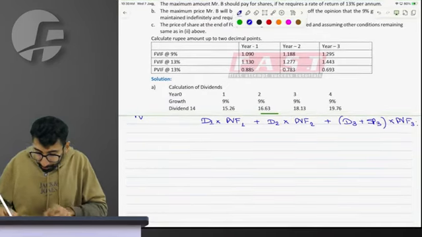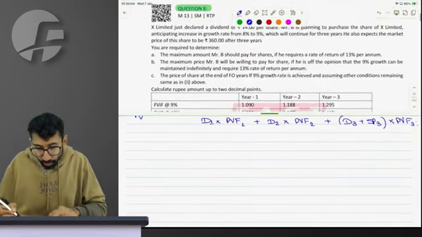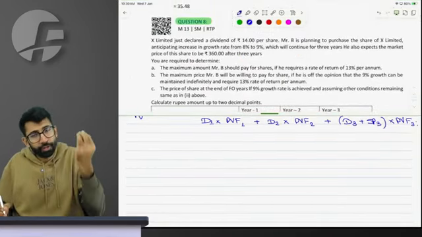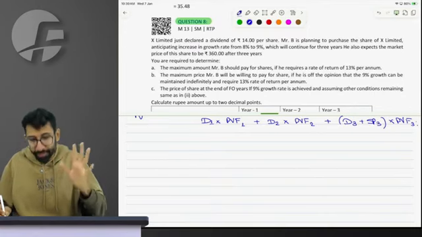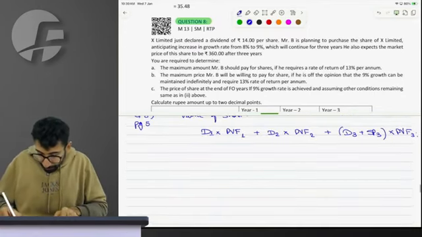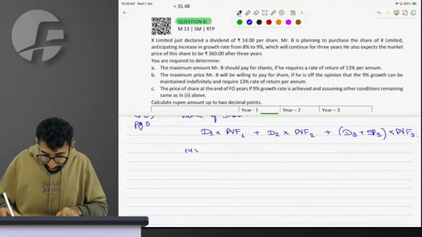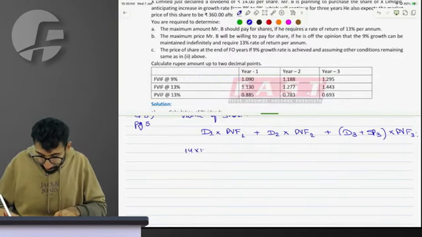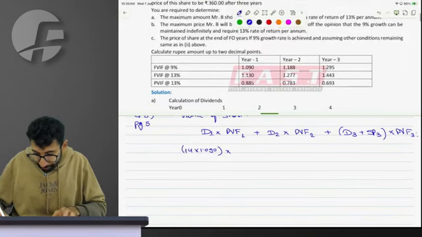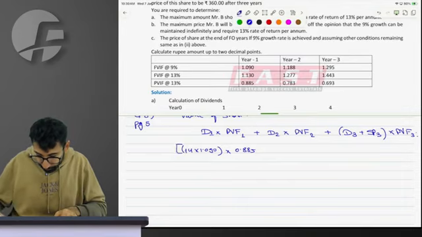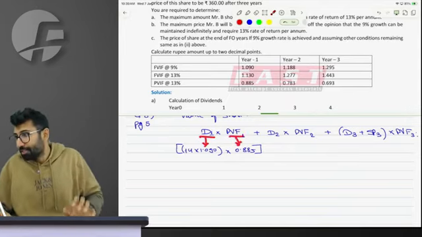So one possible presentation, although the institute has nothing to do with it, whatever you present, the institute will give you marks, but still, let me tell you. So 14 is D0 multiplied by 1.09, which is D1, the whole multiplied by present value factor of 0.885. So basically this terminology is this and this terminology is this.